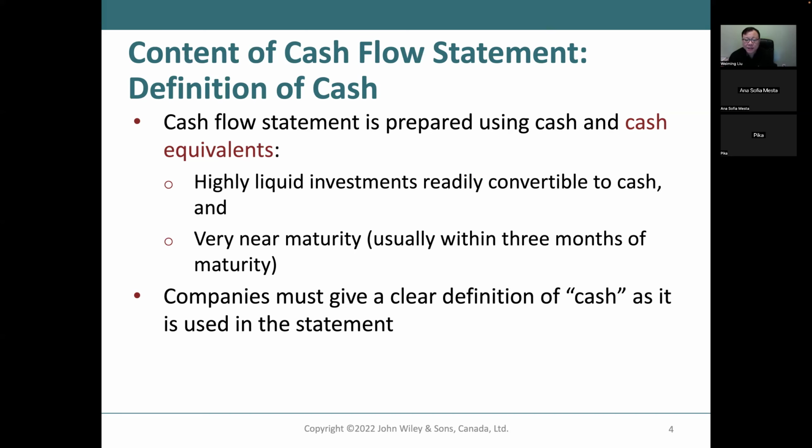For example, you may purchase a 60-day treasury bill. The treasury bill promises you interest for, let's say, 60 days, 2 months.